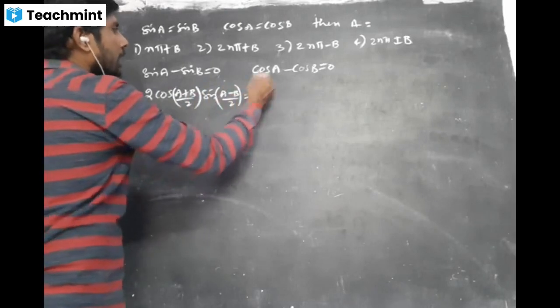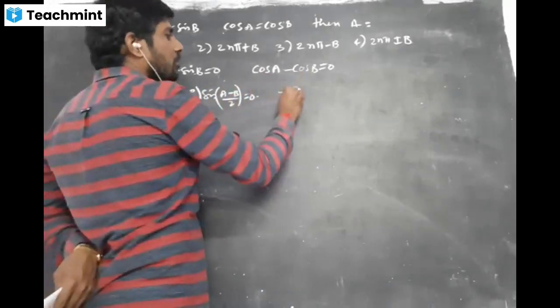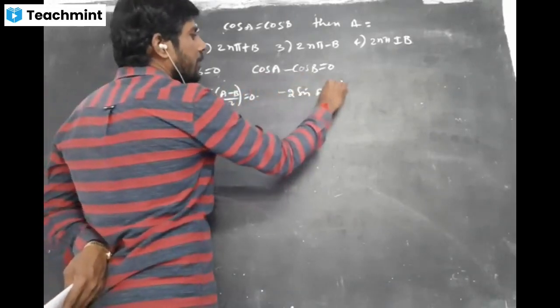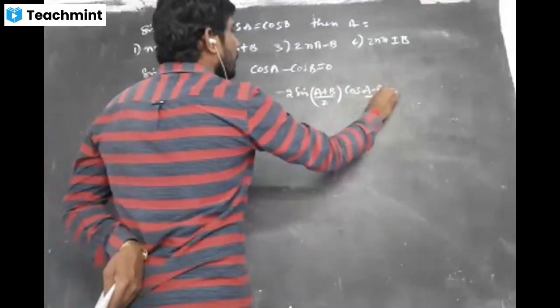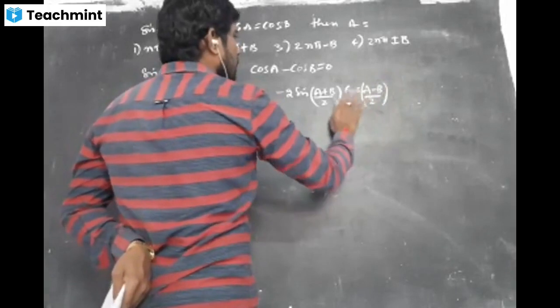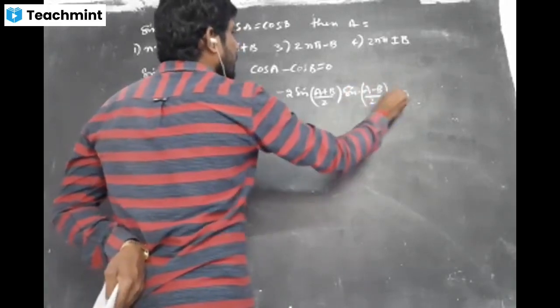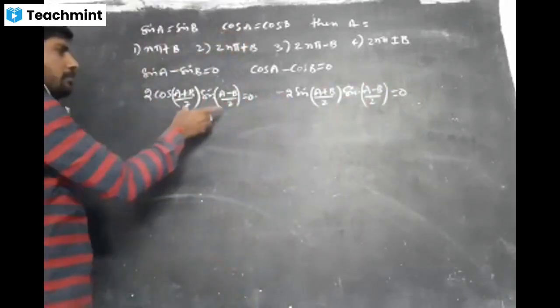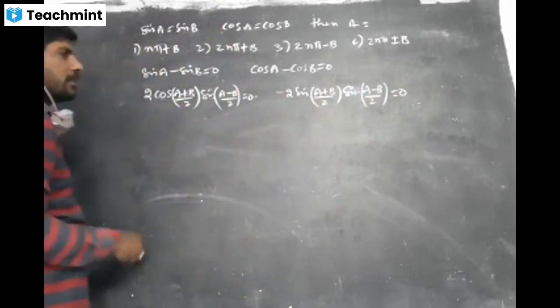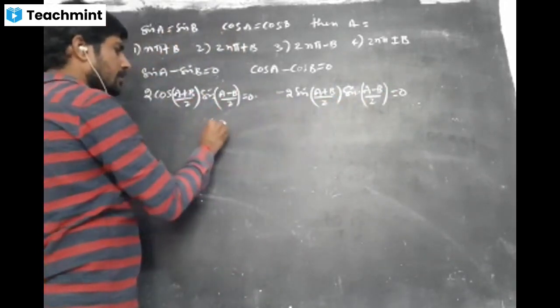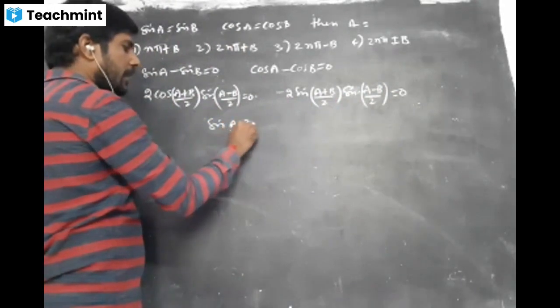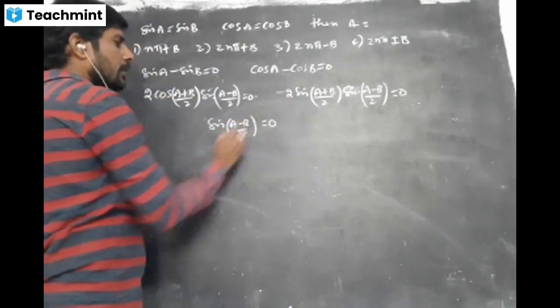The formula for cos C minus cos D is minus 2 sin of (C plus D) by 2 sin of (C minus D) by 2. Comparing these two formulas, the common term is sin of (A minus B) by 2, so sin of (A minus B) by 2 is equal to 0.